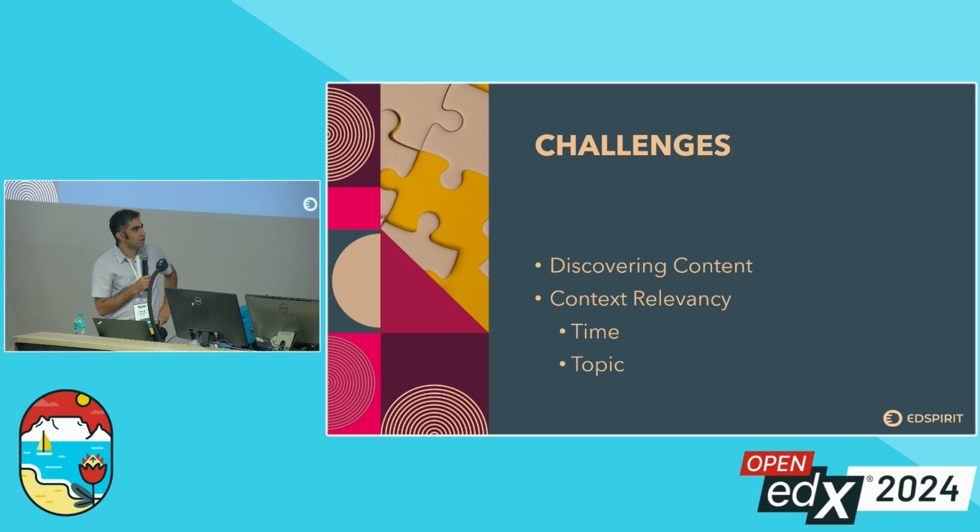But they are not context relevant. If I'm a learner and I'm looking at a unit of the course, I myself should go and find relevant stuff in my wiki or whatever content library that we have.